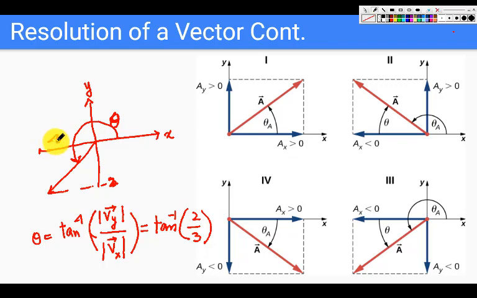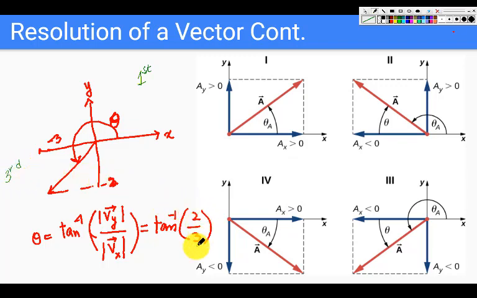So the magnitude is still going to be 2, the magnitude is still going to be 3. So the really tricky situation is when we are dealing with the first and the third quadrant. So this is the first quadrant and this is the third quadrant.